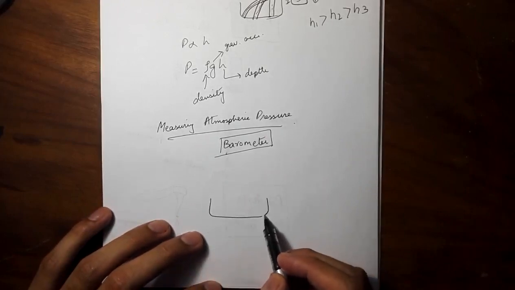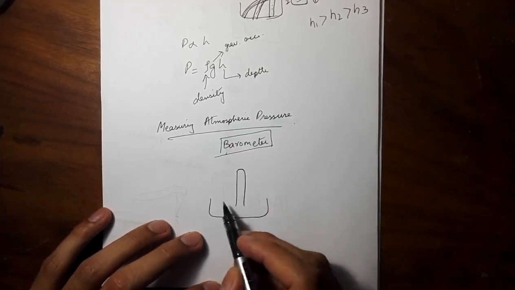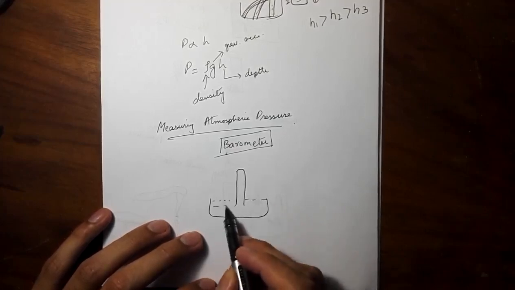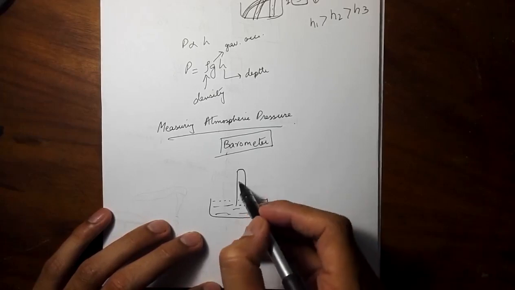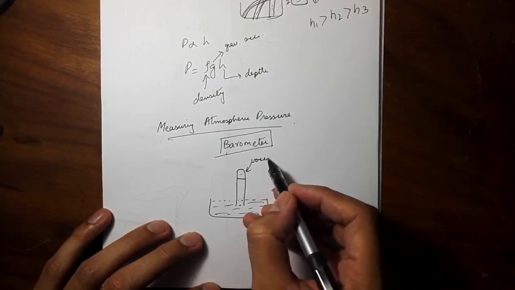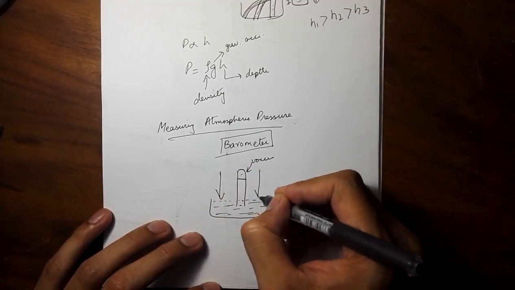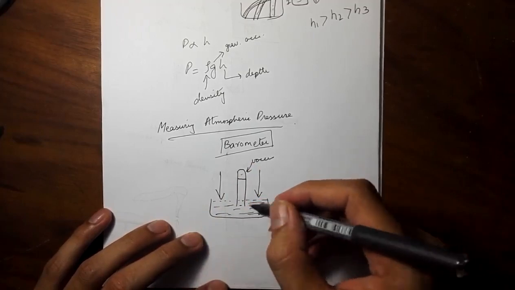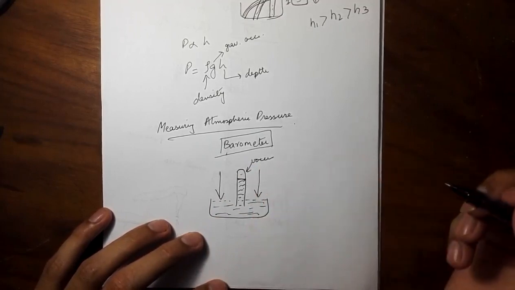There's a sink and a tube over here. This sink is full of mercury. Okay, and there is vacuum in the tube in this area. When atmospheric pressure exerts on this mercury level, the level rises till here.